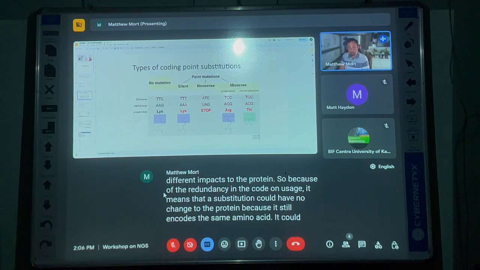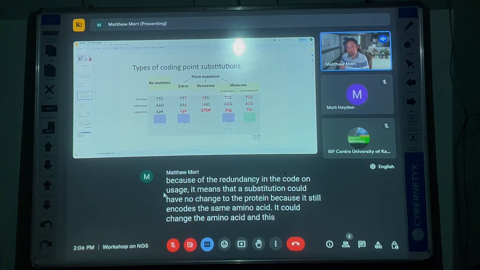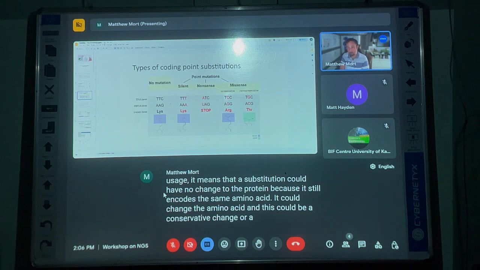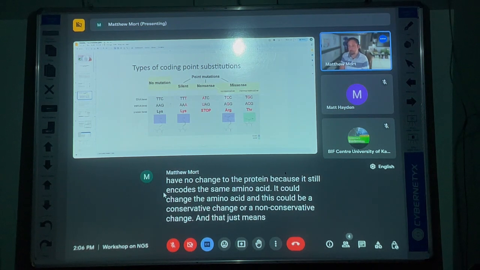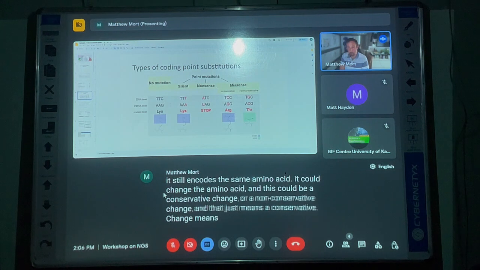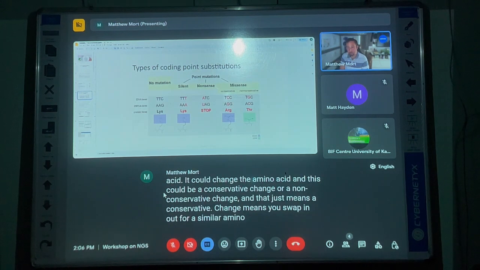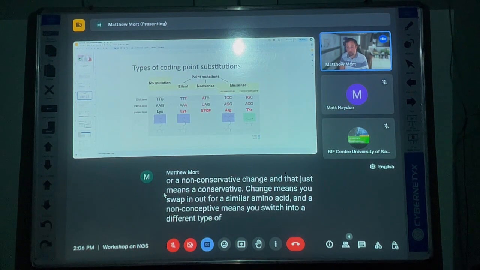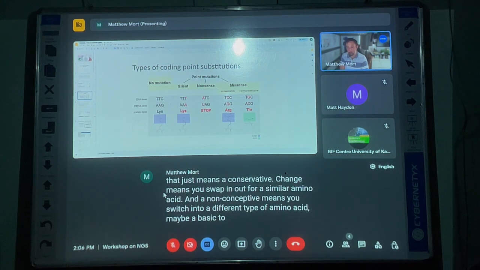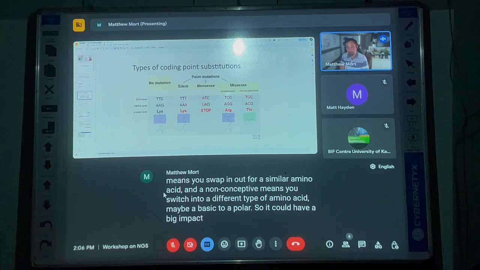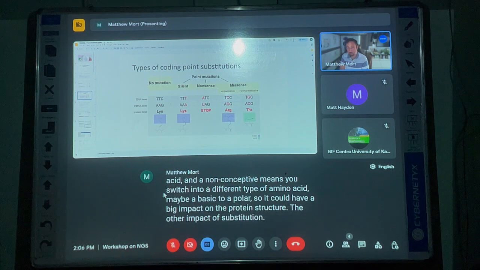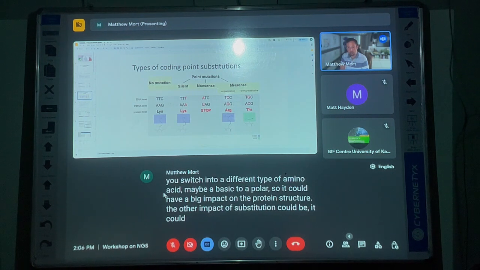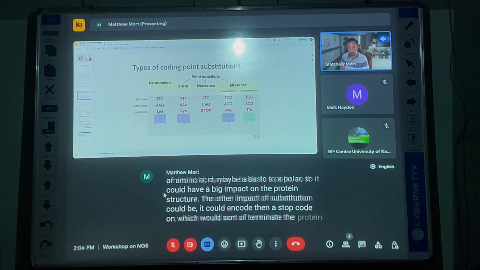It could change the amino acid, and this could be a conservative change or a non-conservative change. A conservative change means you're swapping for a similar amino acid, and a non-conservative change means you switch to a different type of amino acid, maybe a basic to a polar. So it could have a big impact on the protein structure. The other impact of a substitution is that it could encode a stop codon, which would terminate the protein prematurely.